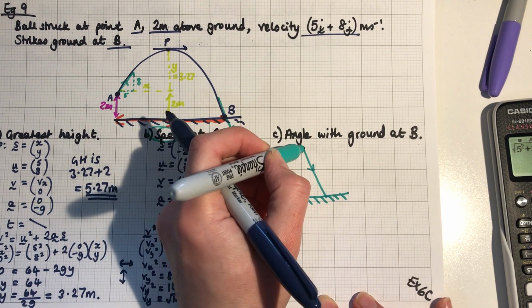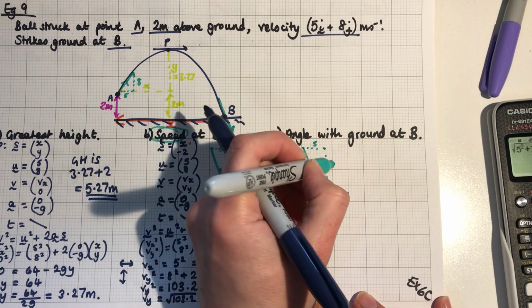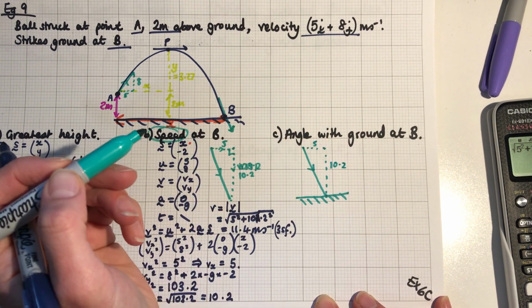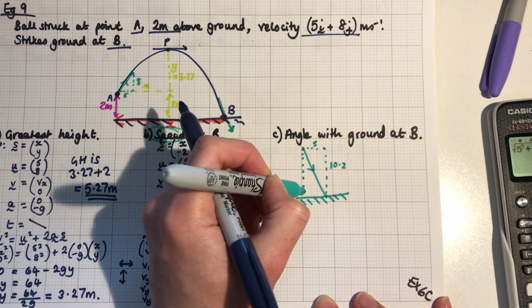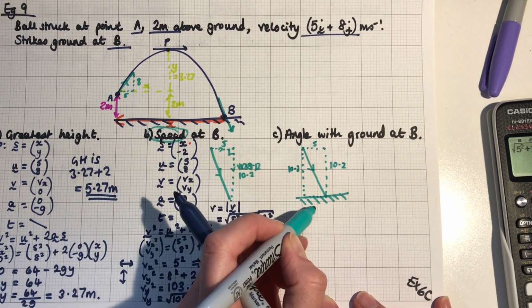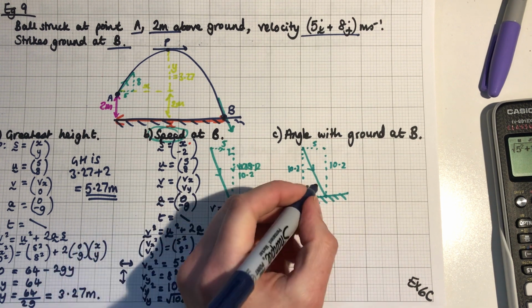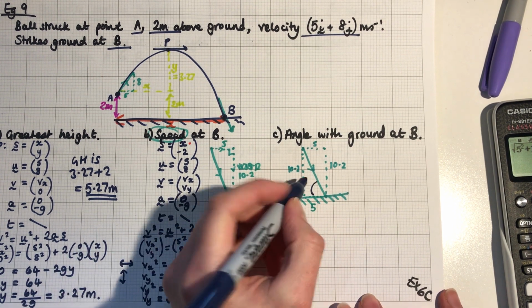We know that this part is 5 and this part is 10.2, not 103.2. I could write them this way around as well if I wanted to. So I could put 10.2 there if I liked and 5 across here. The angle it makes with the ground is this angle here.